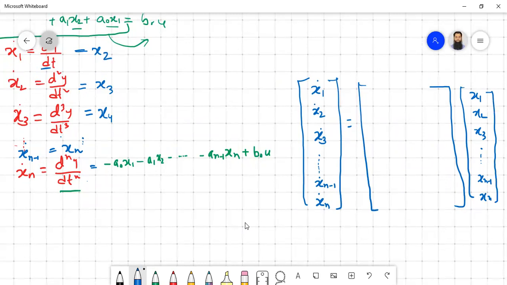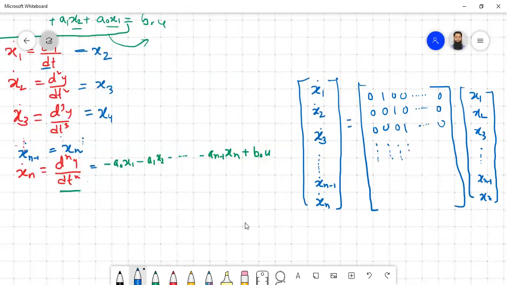Okay, so x1 dot is equal to x2. So the first parameter has to be 0, the second parameter will be 1. Then the rest of the parameters will be 0. Secondly, x2 dot equal to x3, so this will be 0, this will be 1. So this is how it will go. Similarly, this one will be 0, 0, 0, 1. Then it will go up like this.